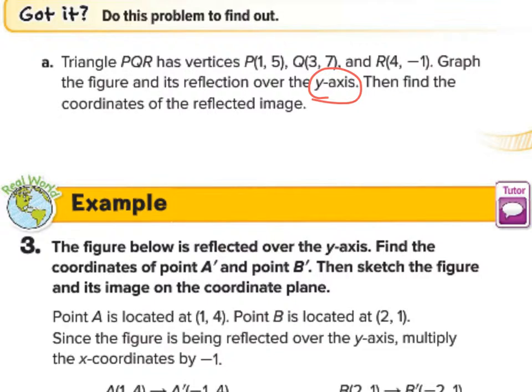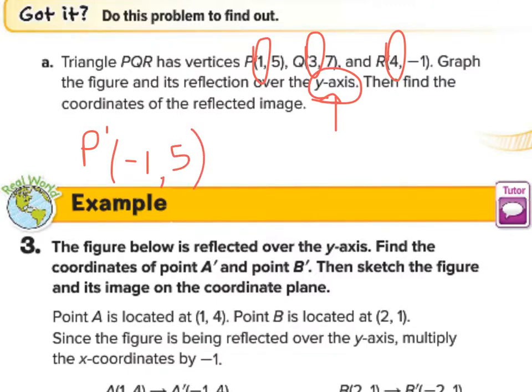Okay, I can tell you right away what my coordinates are. Since I'm going over the y, I know I have to change my x. So I am going to take all of the x's from each point and find their opposite. Okay, so my P prime, my image, will be negative 1, 5. That's the opposite, right?